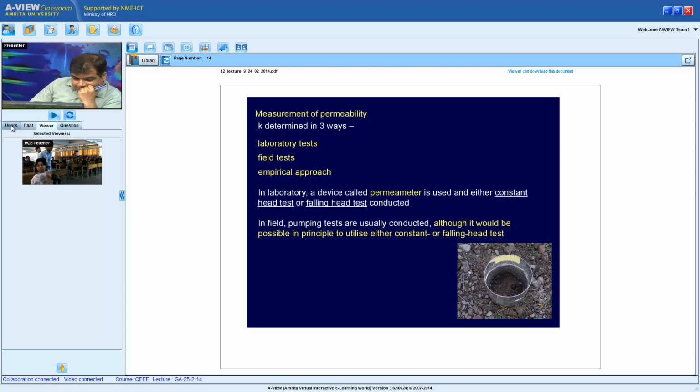Can you please check the mic settings? How can two centers have the same problem? Maybe there's some genuine problem. That's because of their side only. I'm extremely sorry, we cannot hear a word.